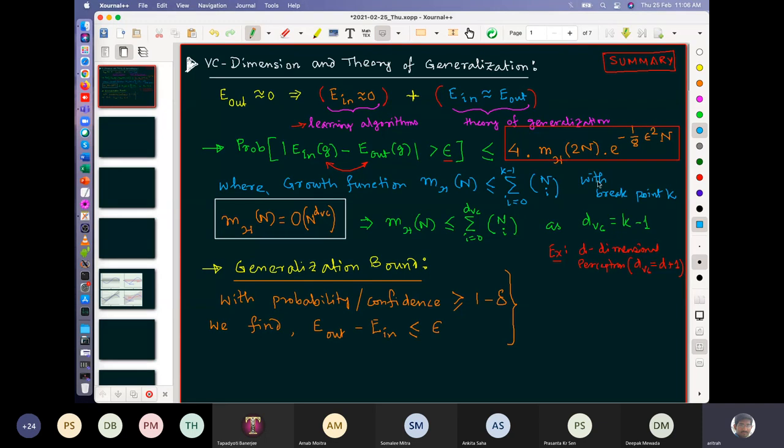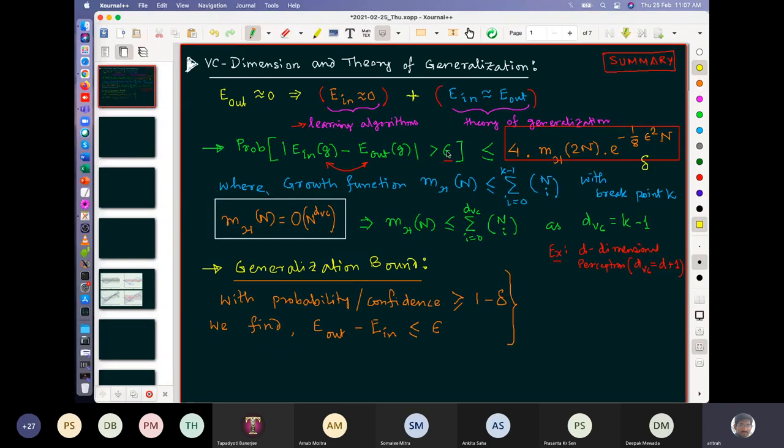So with that, we try to deduce the generalization bound in this way, that we consider this to be our delta. So it means what? That the bad thing should be bounded by a delta. In other words, with probability or confidence more than 1 minus delta, I can find my error less than or equal to epsilon, because I just did a flip of this.